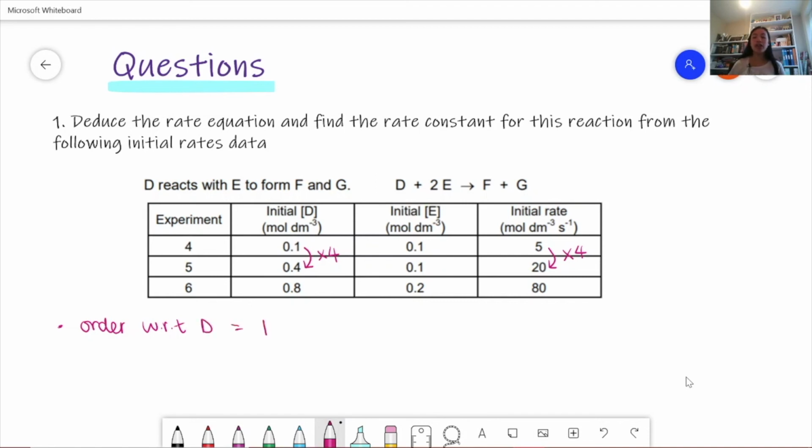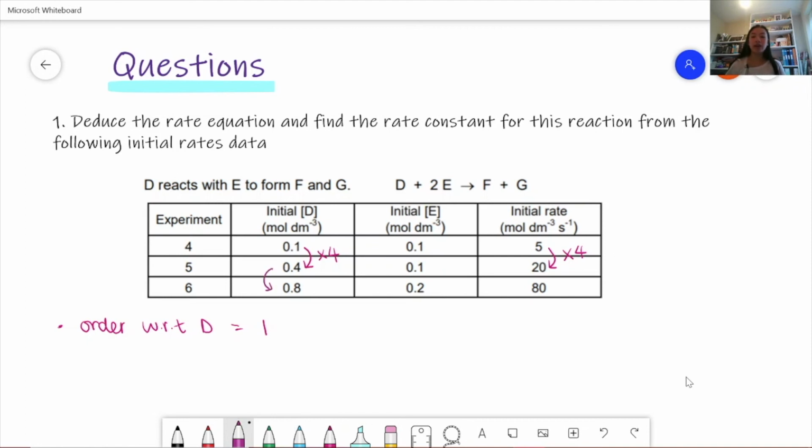And now we look at E. So there's no 2 experiments where the concentration of D is the same. So again, we're going to just have to pick something that looks a bit easier. So I'm going to go with experiments 5 and 6.